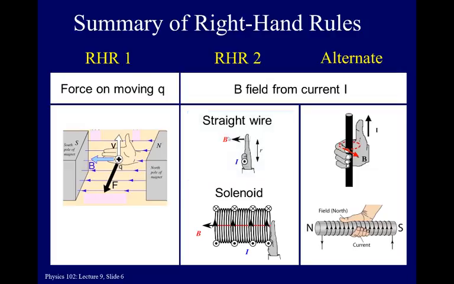I taught you a slightly different version of the right-hand rule number 2 for a current loop. And it's the same thing that works for a solenoid. So in this case, if you take your fingers and you wrap them around the wire in the direction of the current, then your thumb points in the direction of the magnetic field and basically the direction of the north magnetic pole associated with that loop of wire, that solenoid, because both a loop of wire and a solenoid make effectively a bar magnet, and that bar magnet has a north pole which points along your thumb.